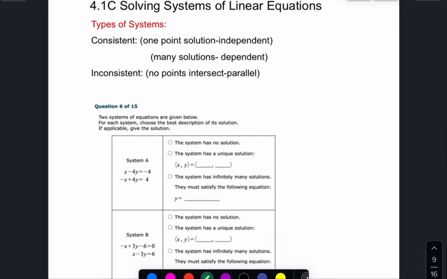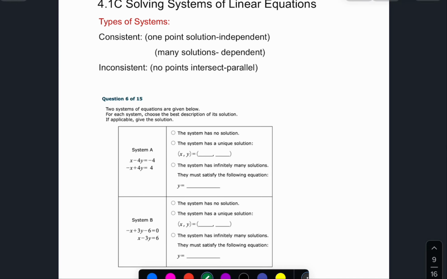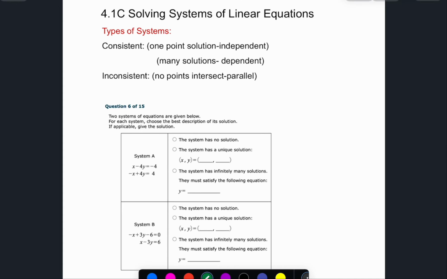So let's take a look at this one. 4.1C is about systems of equations. So systems of equations, there are 3 types of systems. If it is consistent, it has an answer. So just think of consistent has an answer. So if you graph it and the 2 equations line up at exactly 1 point, this one would be consistent, independent.